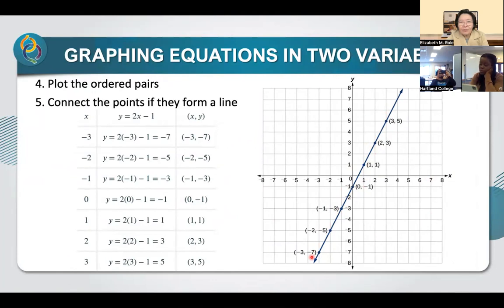This is the reason why we consider y equals 2x minus 1 a linear equation, because when we graph this equation, it would form a line. Of course, we can plot the points without doing this, but this is just for illustration.